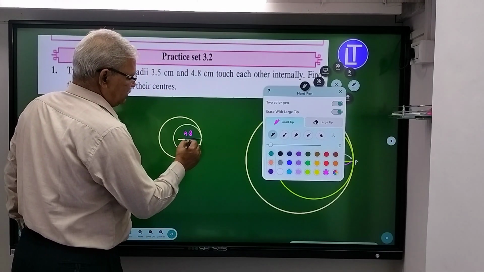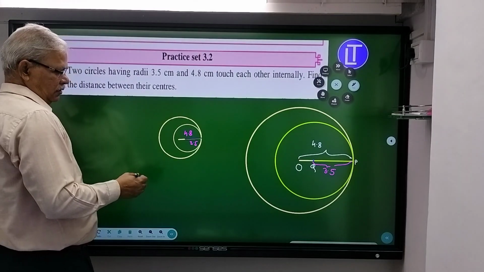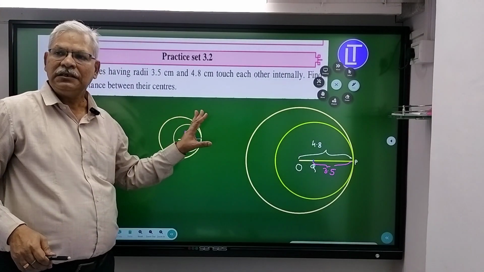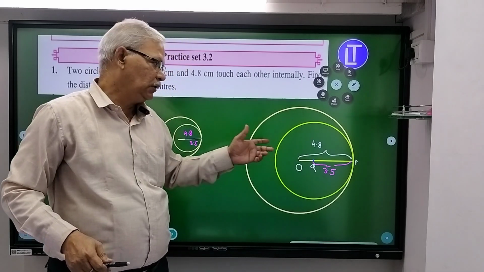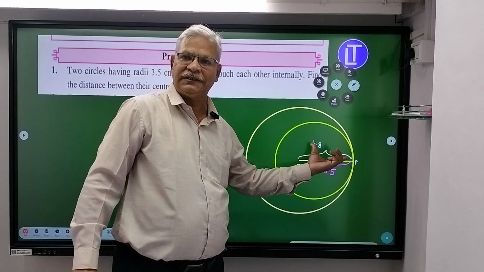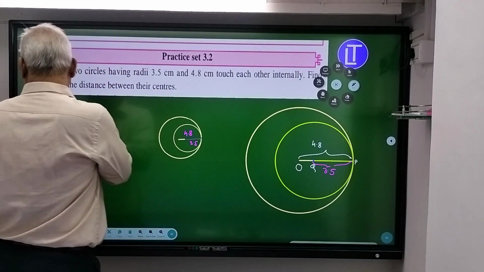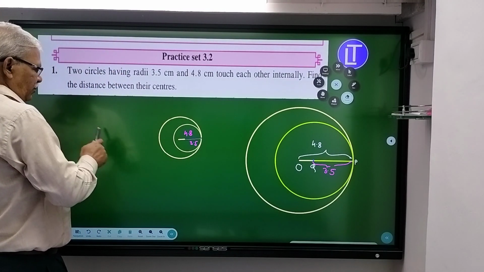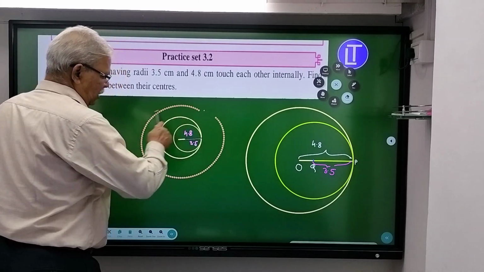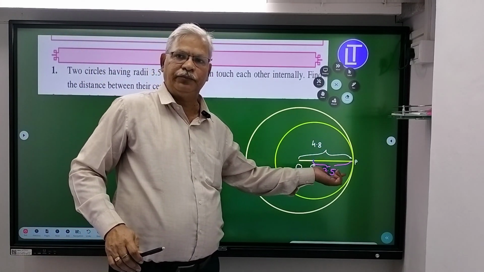In the diagram it is not necessary to draw the exact measurement, so I draw it as 4.8 and 3.5.